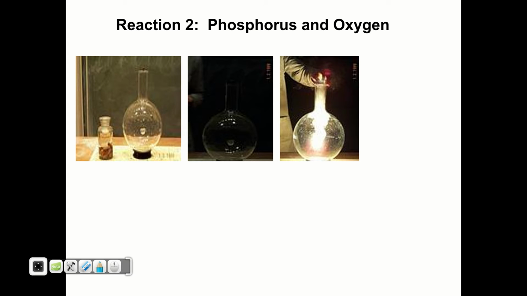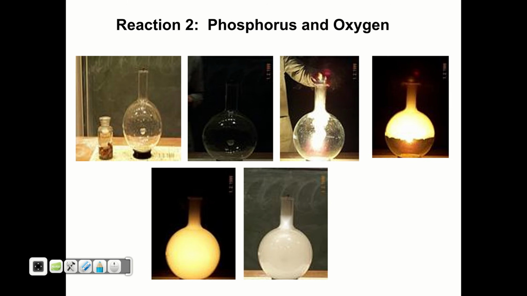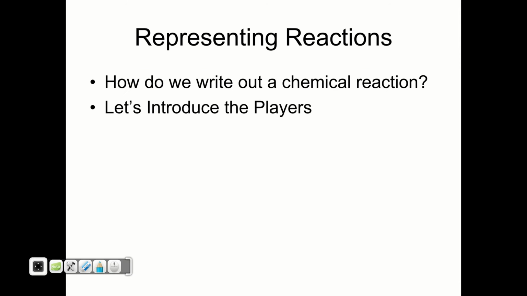Almost immediately when you mix that phosphorus in, it will ignite in the oxygen. The oxygen basically attacks it. There's a lot of electrons being shared and moving very quickly, and therefore it creates a very large flame. And again, that's a sign that you have an exothermic reaction and gas formation, signs of a chemical change.